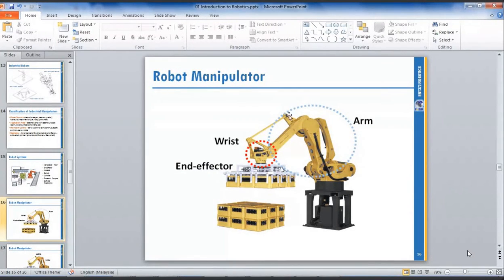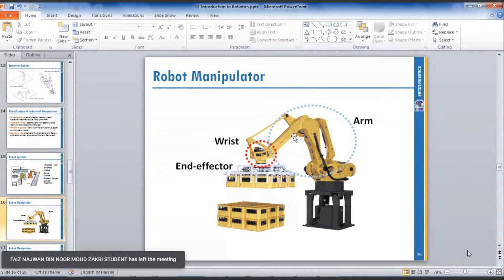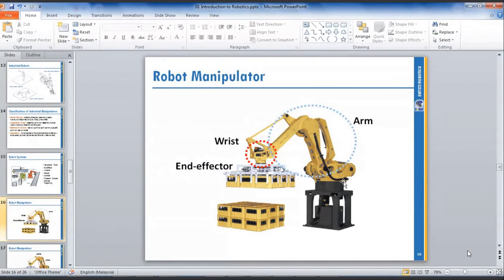So if you want to go up or go down, no, you cannot rotate it. You can only rotate in this direction, but you cannot rotate in the other direction. So it's difficult to do a painting process. So they use this for pick and place process.